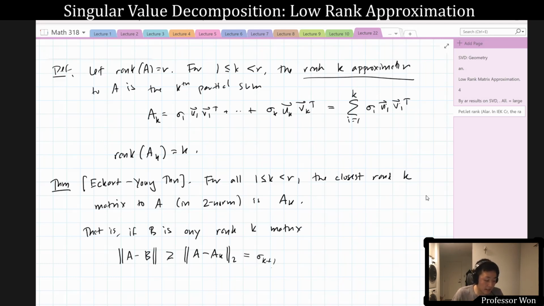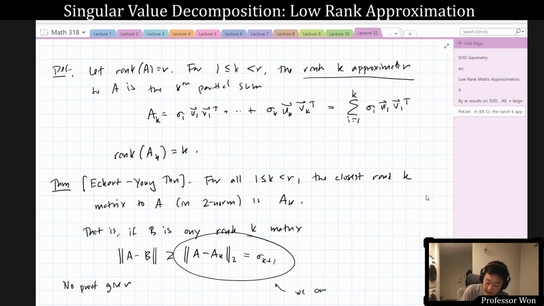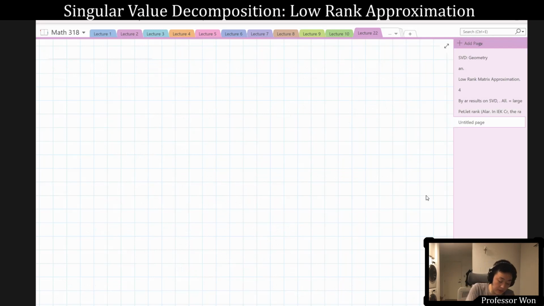Now, this theorem, in terms of proving it, we're not going to prove it. So, no proof given. But this part we can prove, quite easily, actually. The point is just the following. If you look at this matrix A minus A_K, I want to show that this thing has norm sigma sub k plus 1.